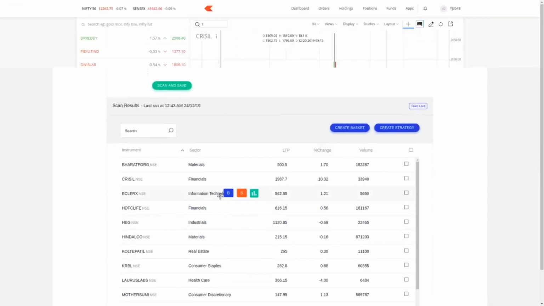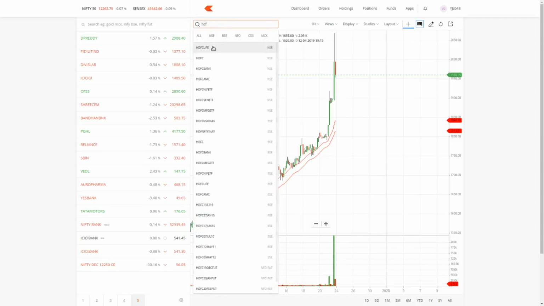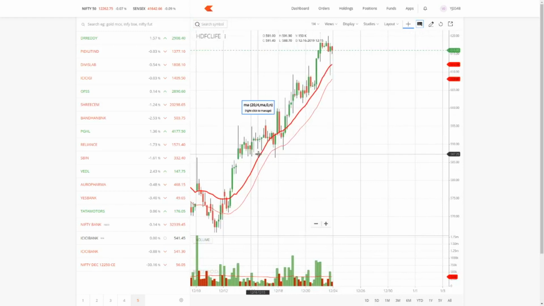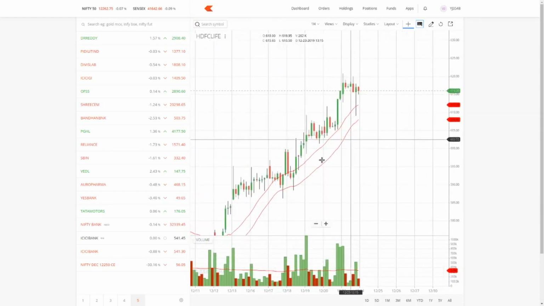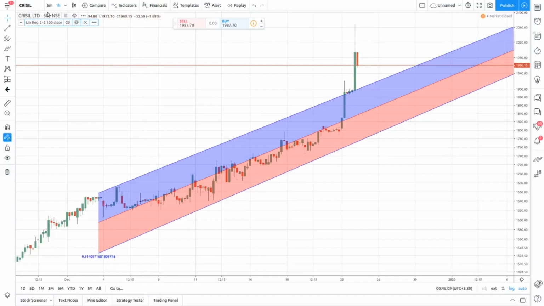Let's look at HDFC Life and see how that looks. Again, HDFC Life also shows a rising trend. And let's look at how that looks in the regression line as well.